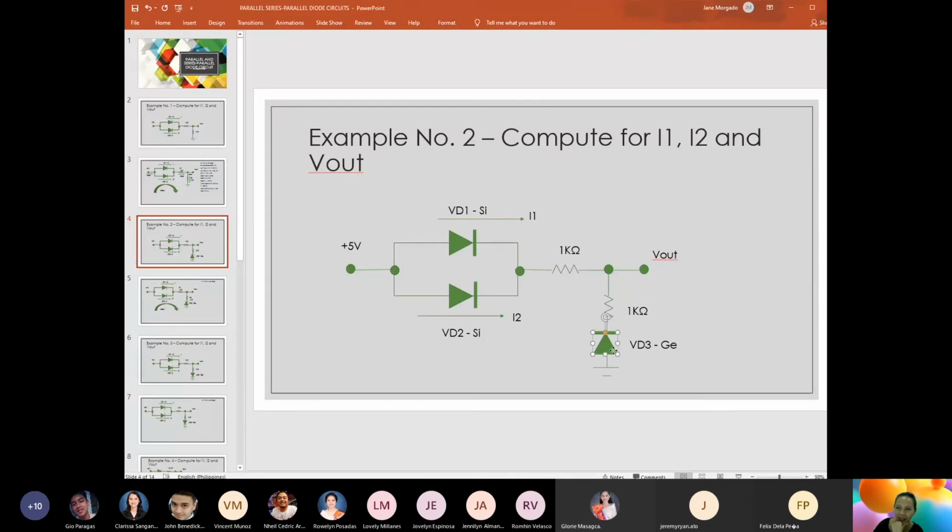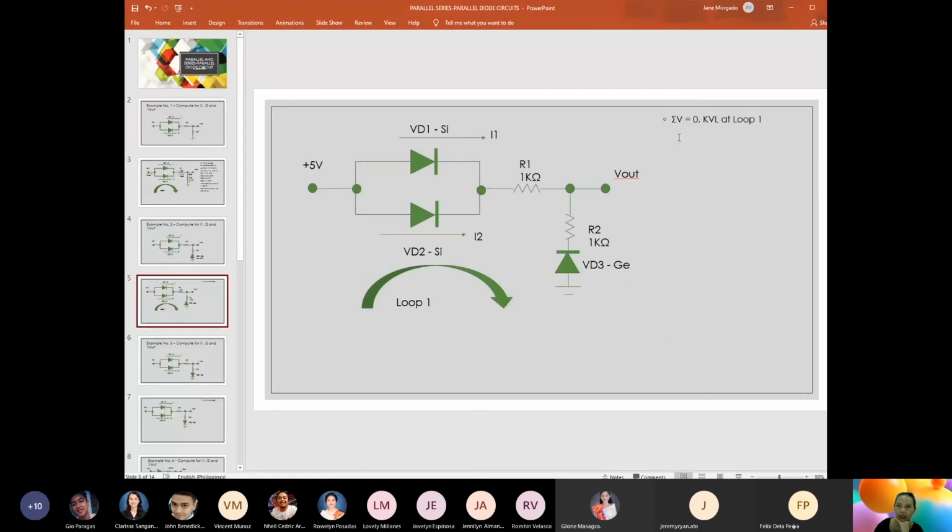Meron tayong third diode. Take note, this one is germanium. So when you say germanium, the voltage drop across germanium is 0.3 volts.